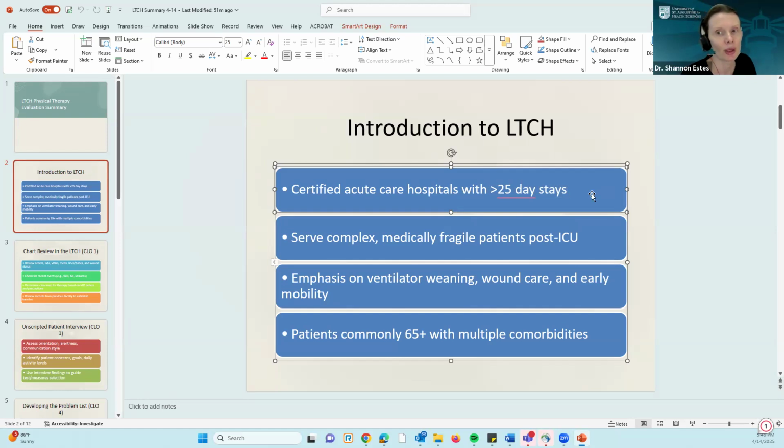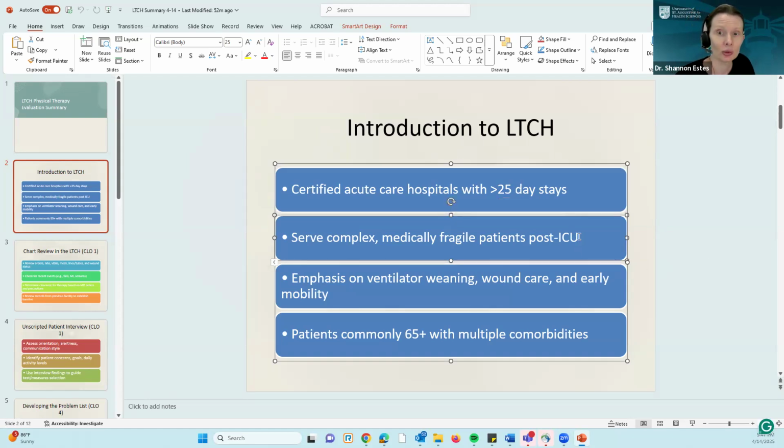Sometimes this is someone on a ventilator who is going to try to wean from it, or someone getting long-term IV antibiotics that we know they'll be on for a month. Rather than keep them in an acute care hospital bed, we can move them to a long-term acute care hospital and do all the same things. They get the same level of care, but they're there for a while.